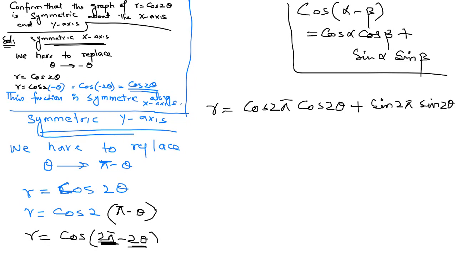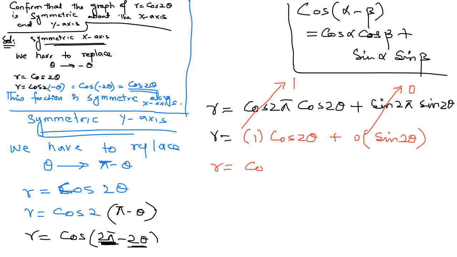Okay. And we know that sine of 2 pi is equal to what? 0. And cosine of 2 pi is equal to what? 1. So that will give me 1 into cosine of 2 theta plus 0 into sine of 2 theta. So that will give me cosine of 2 theta. So R is equal to cosine of 2 theta we already have.